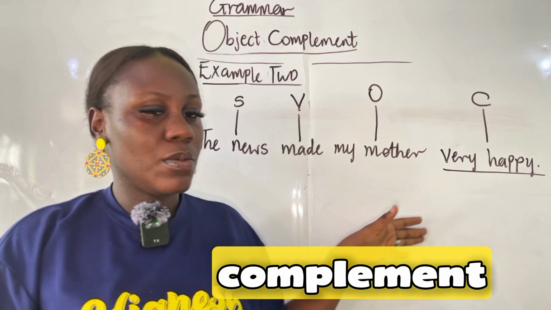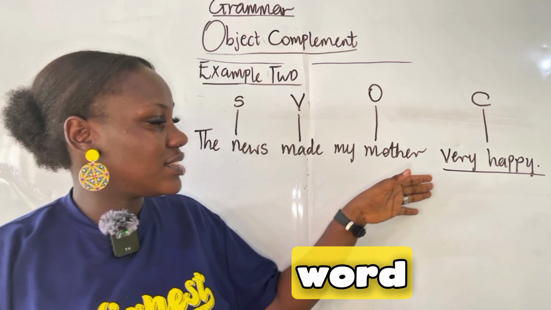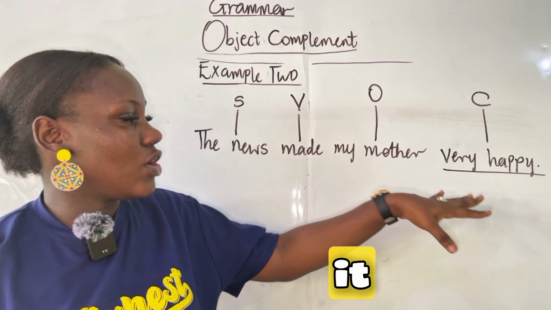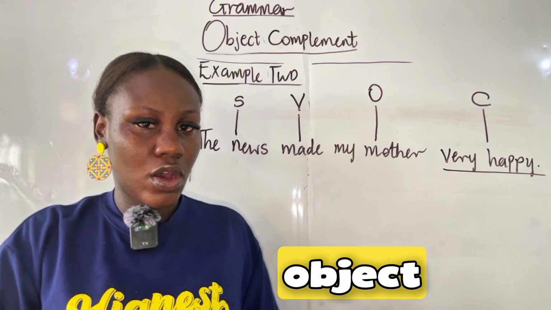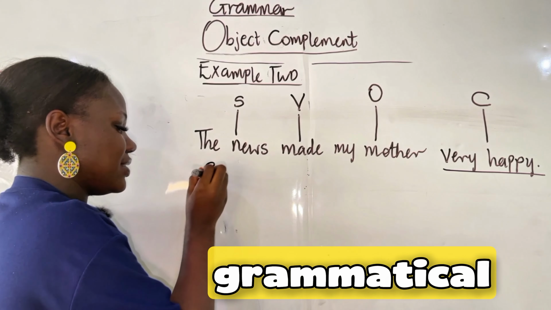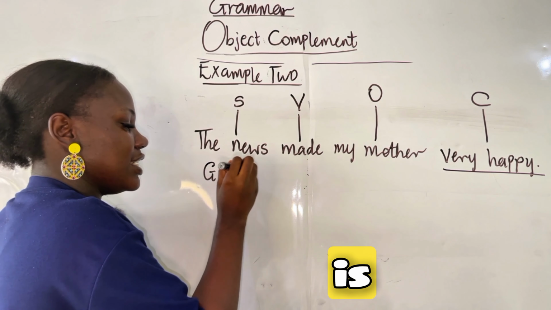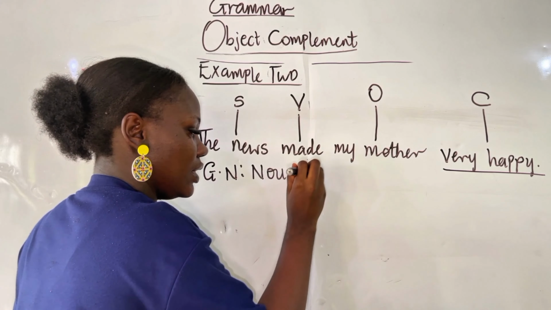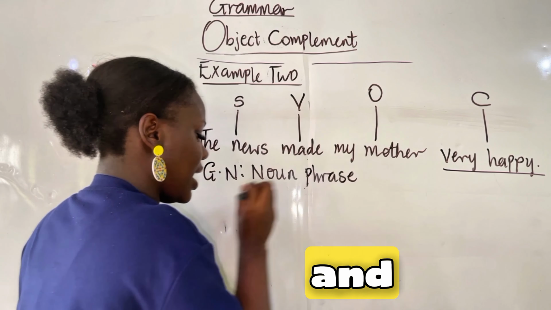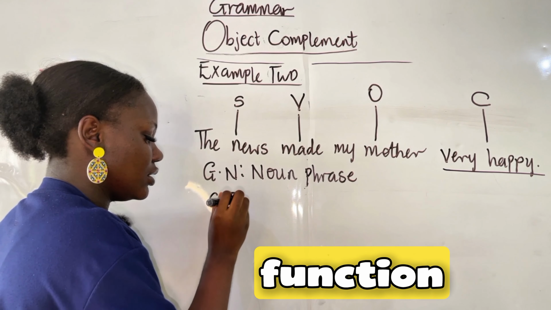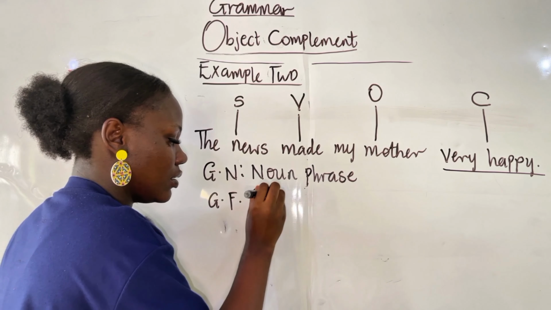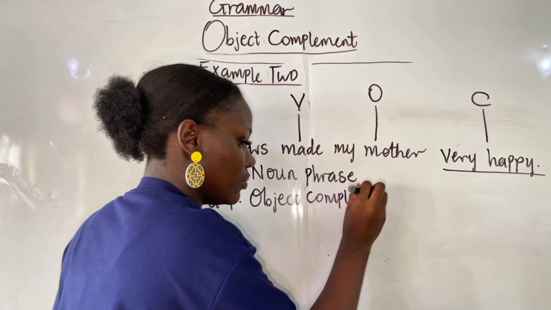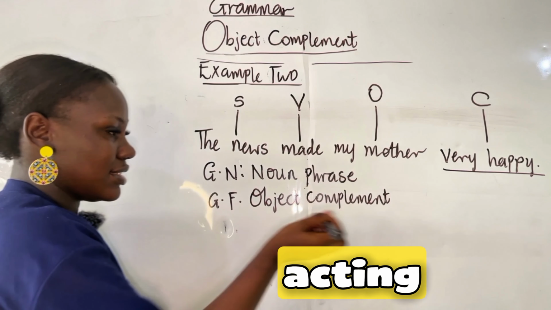Remember that object complement is when the group of words comes immediately after the object. It also describes the object. So, the grammatical name of this expression is noun phrase. And the grammatical function is object complement. Object complement acting as what?